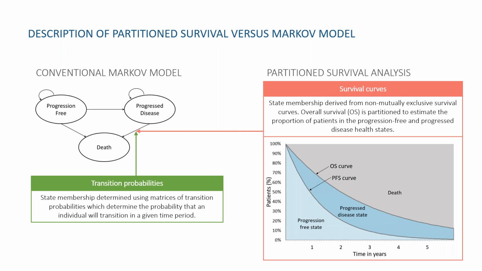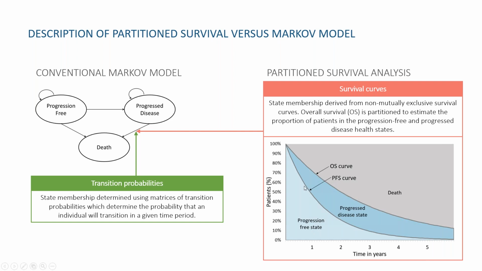Quite often you will have overall survival and progression-free survival curves from a clinical trial, which you can apply directly to this approach. The top curve that you can see here is the overall survival, and all the patients below this curve are those who are still alive, and this is then partitioned into those who are progression-free and those who have progressed.